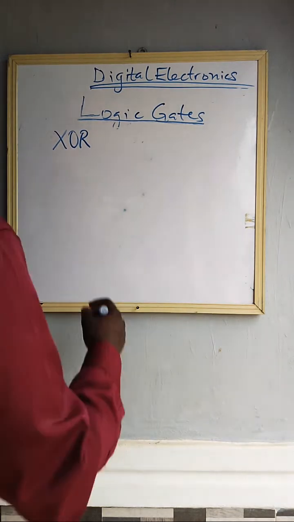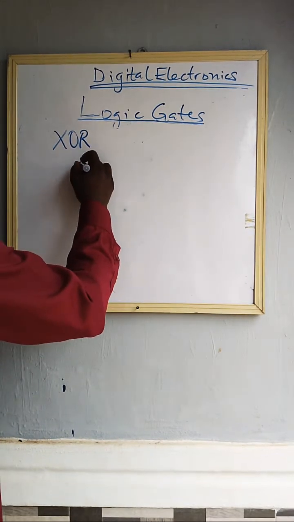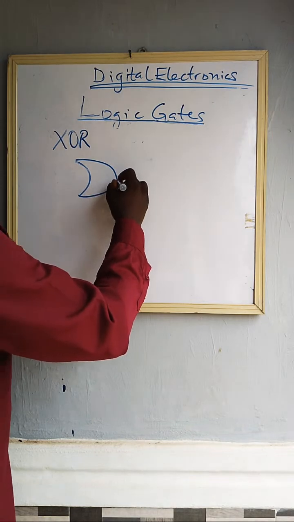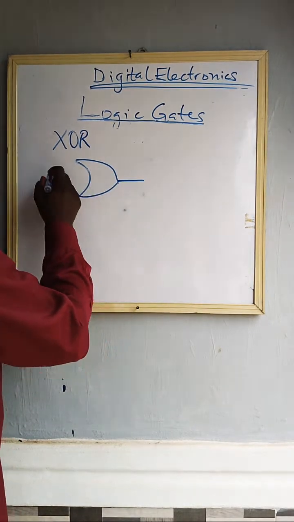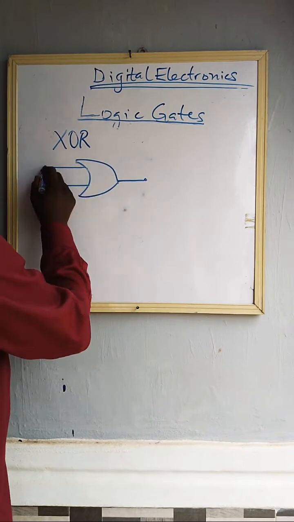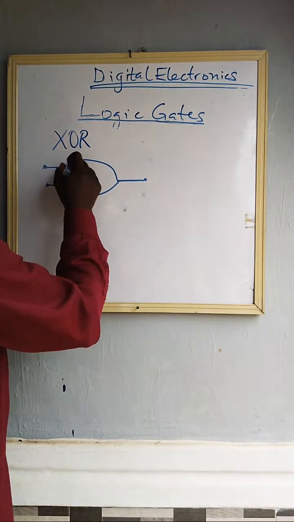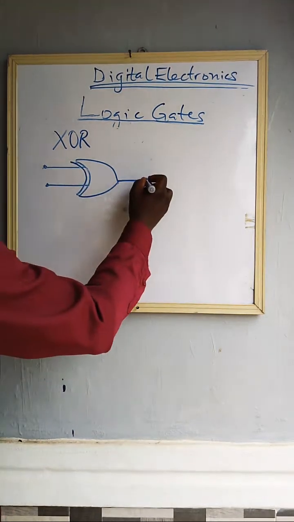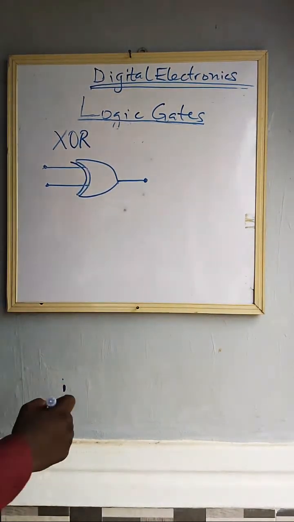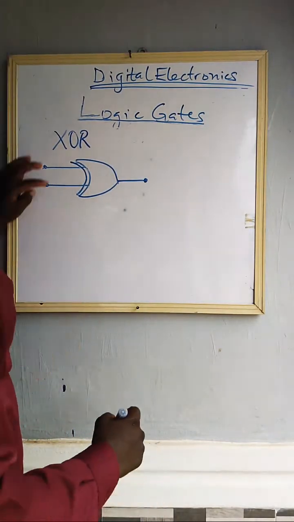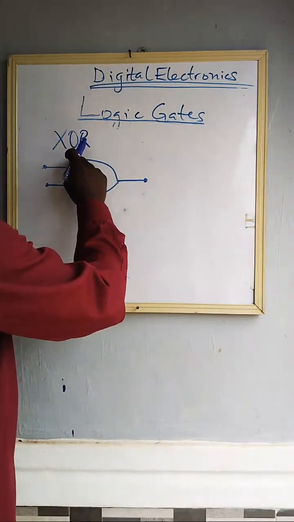The symbol looks like this. If you check this, you see that this is the symbol of OR gates. But the difference now is that we have another arc at the input here for the XOR gate. So now, how does this gate behave?